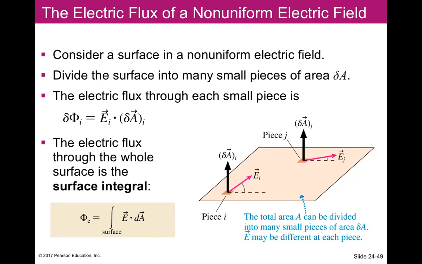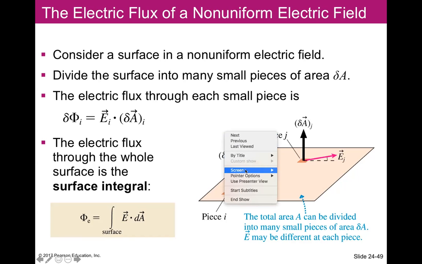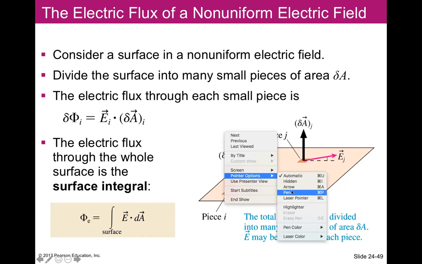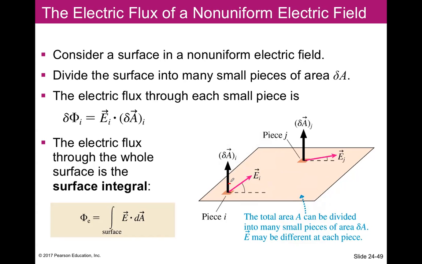Theta is the angle formed by those two vectors, A and B. So in this case, let me switch into pen. In this case, theta is shown here. And in the other case, theta is greater.